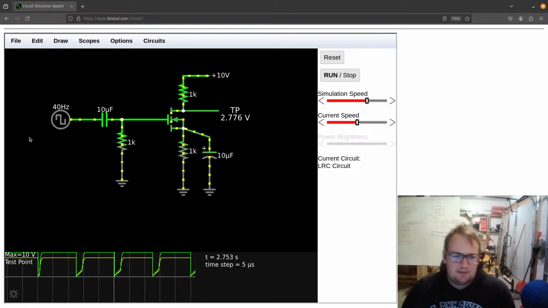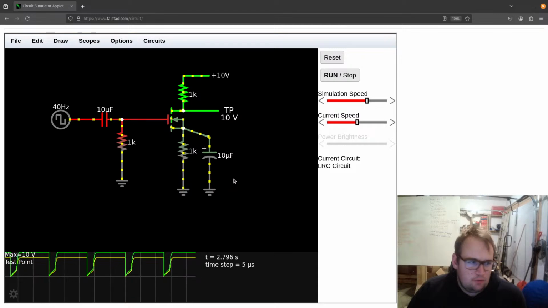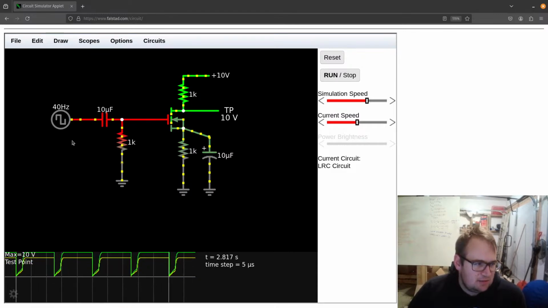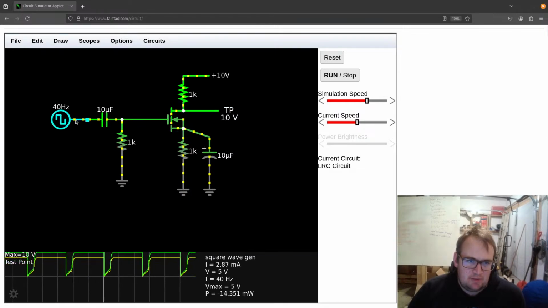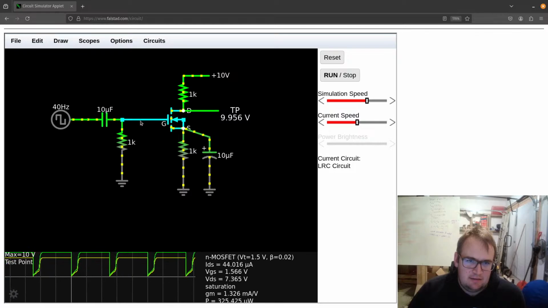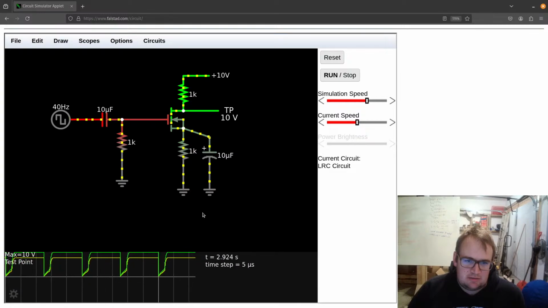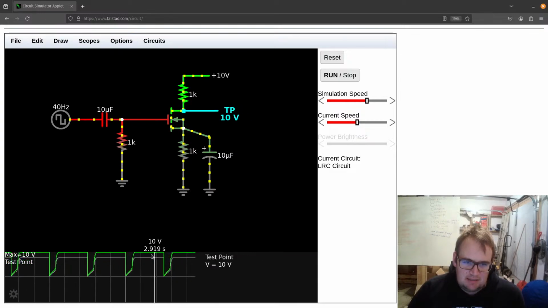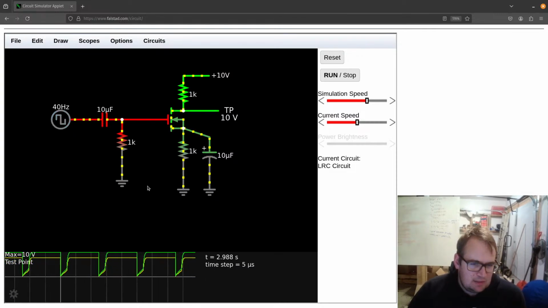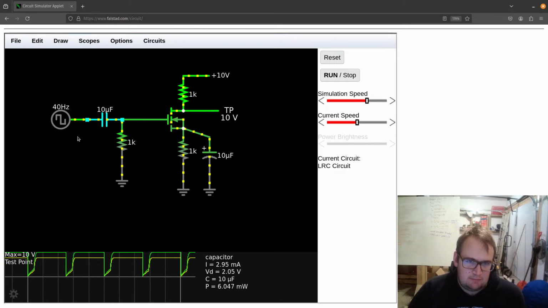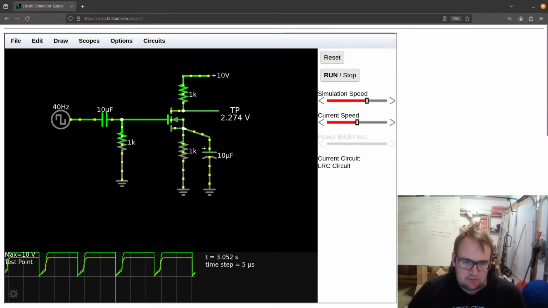Yeah, so you see what's happening here. I don't know if that's what they intend this circuit to do, but when it goes high here, this capacitor quickly charges up and settles at that 10 volt mark. Then when we turn back and go negative, it falls down to 0 volts quickly.